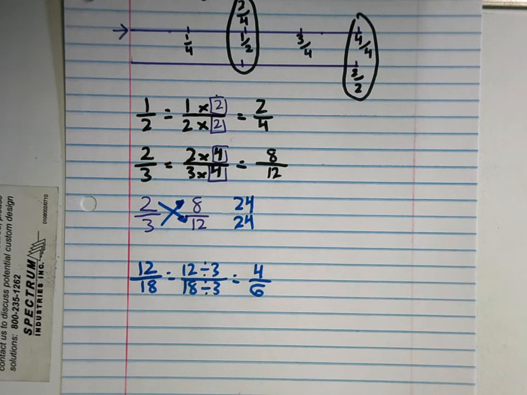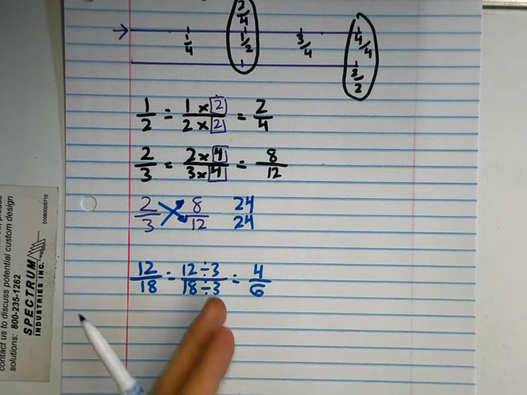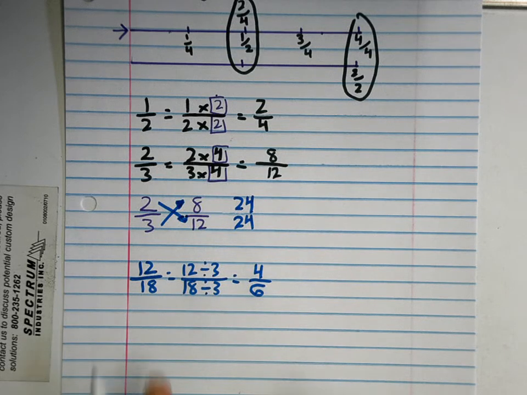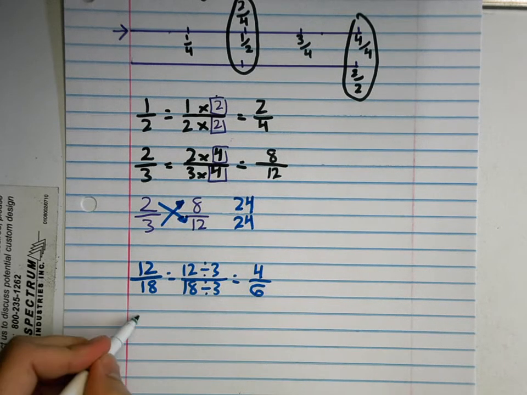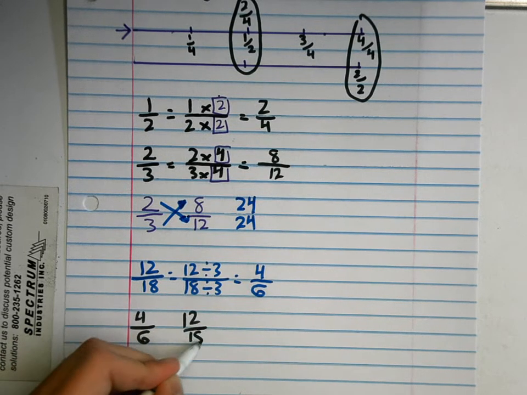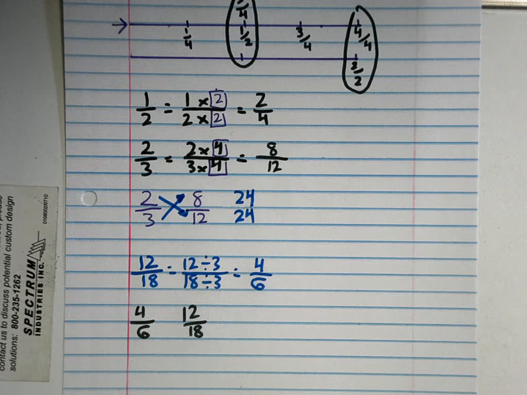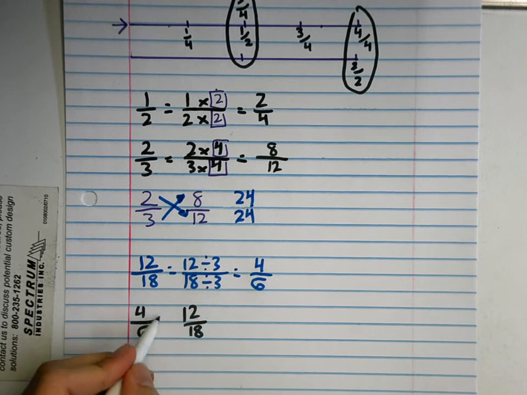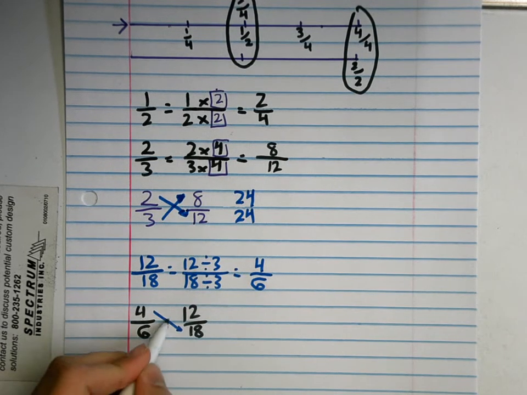So I need to know if those are equivalent fractions. By doing the math, the math tells me they're equivalent fractions. What's a way I can check them without having to draw out a huge number line and measure? I can cross multiply. So I'm going to go 4/6 and 12/18, and I am going to cross multiply them to see.